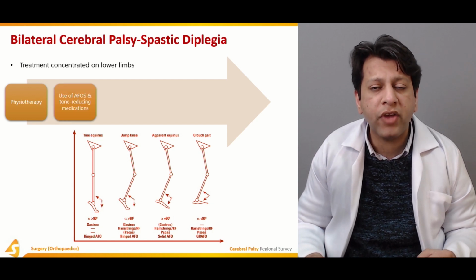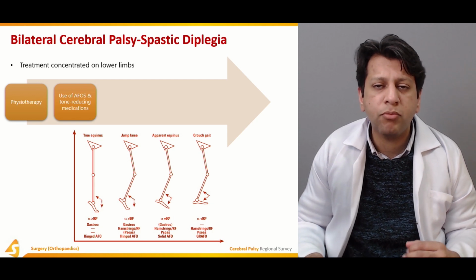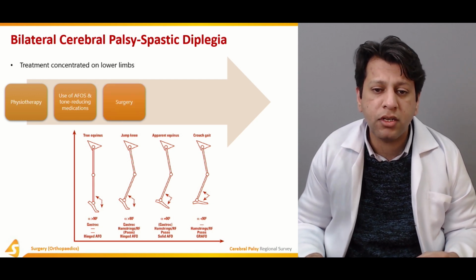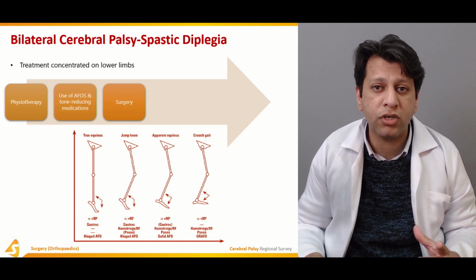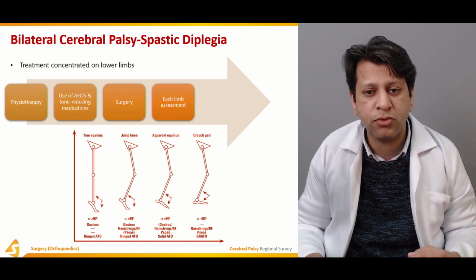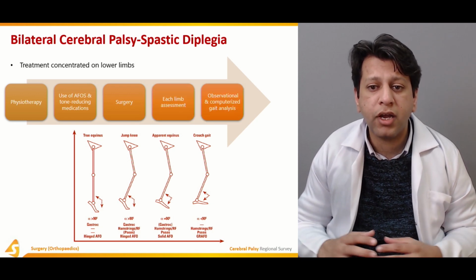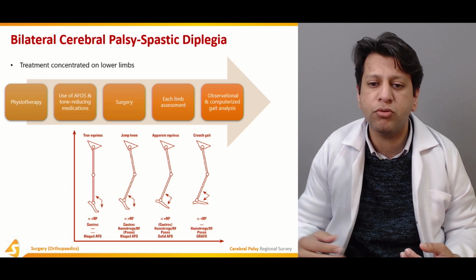Then it could be use of ankle foot orthosis or AFOs, depending upon what kind of a problem it is. Then surgery may be needed as well in the form of adductor release, contracture release, or even hamstring lengthening or recession procedures. Depending upon what kind of problem is there, different AFOs can also be used.